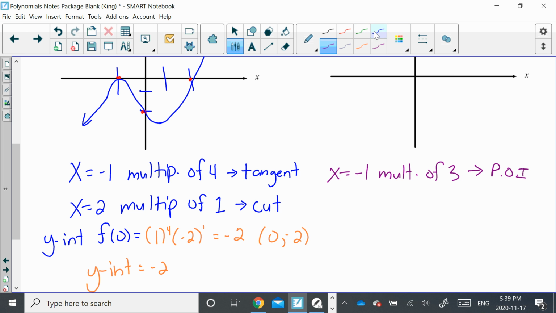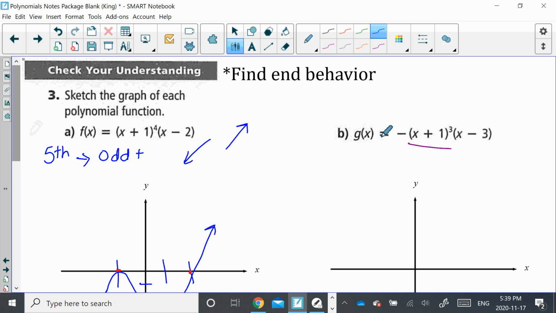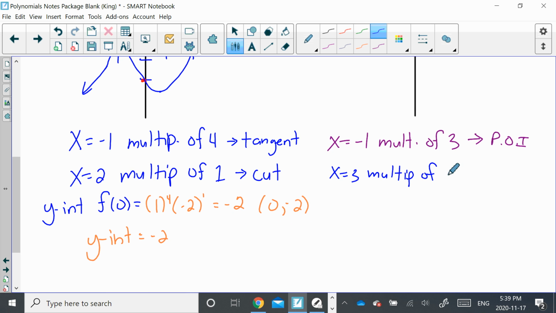My next x-intercept that you should have gotten was x is equal to 3, multiplicity of 1. Anytime we have a multiplicity of 1, our graph cuts through at those zeros.